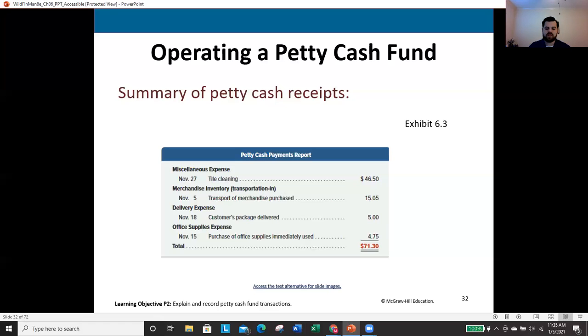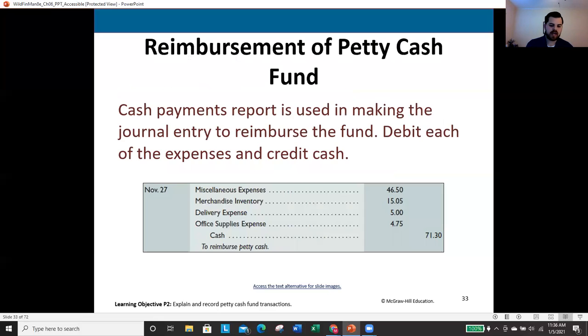If we had a total of $75 in the box, that means there should be those four receipts totaling $71.30, as well as $3.70 in the box. That will let us see that, all right, we've got receipts for this, and we've got the remaining cash. That totals out to the full amount, so we've done everything properly. But if that's not the case, then we may have to deal with that in a moment.